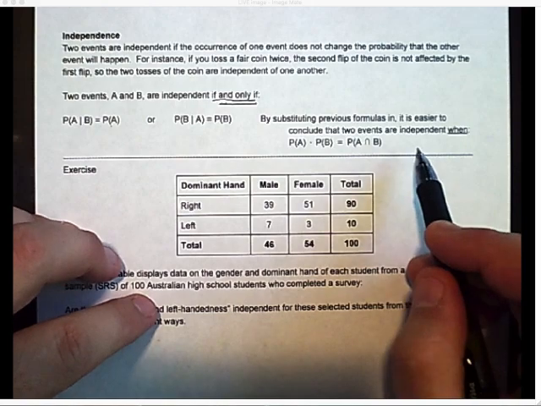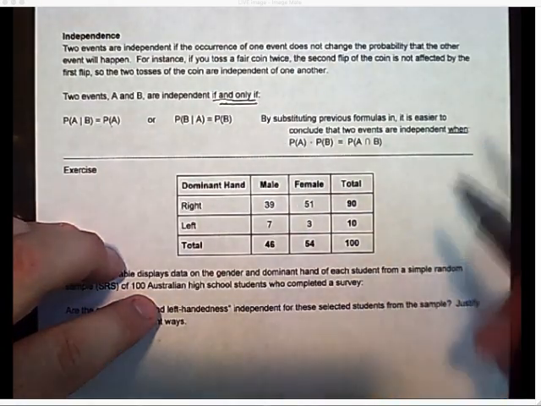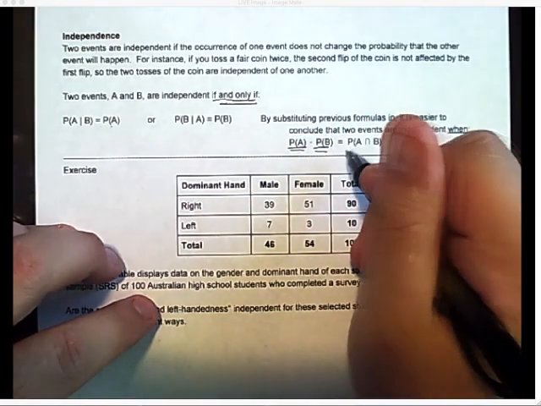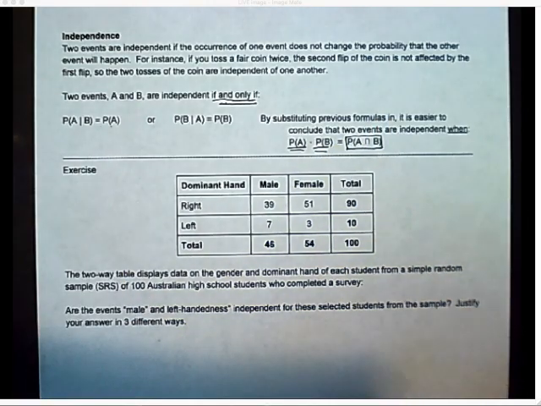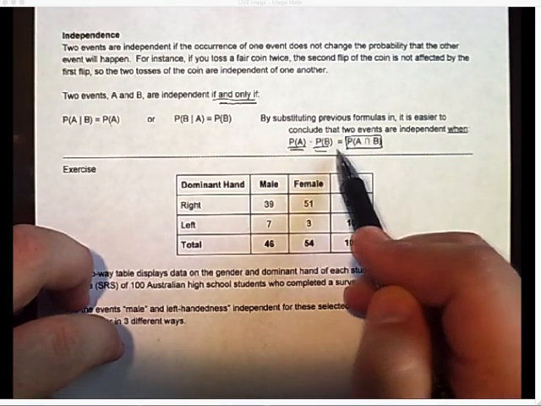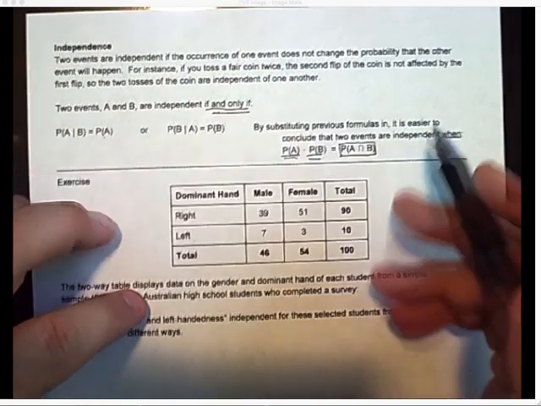An easier way than remembering this formula: two events are independent if the probability of A times the probability of B simply equals the same thing as the intersection. Okay, I always like to remember this one. If this is true, then the two events are independent.